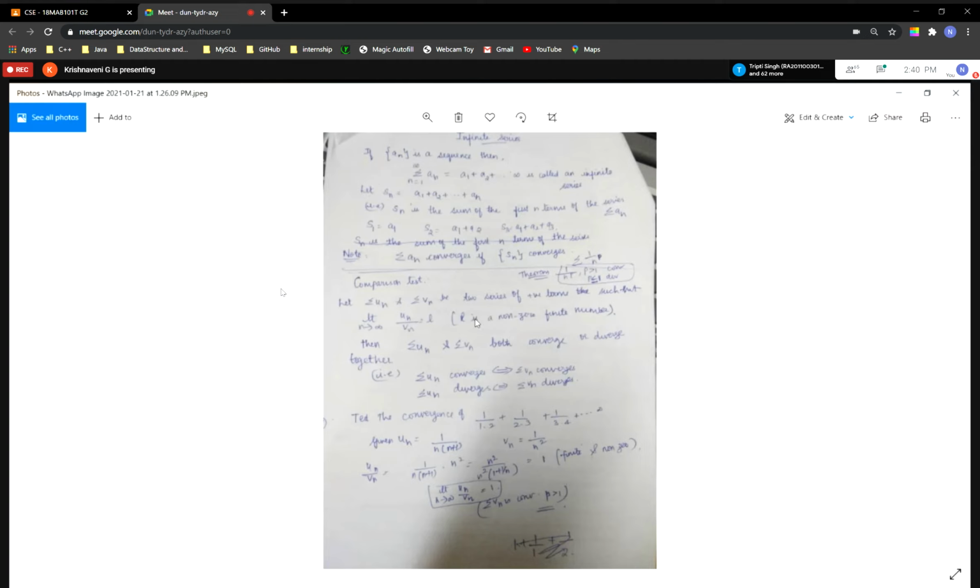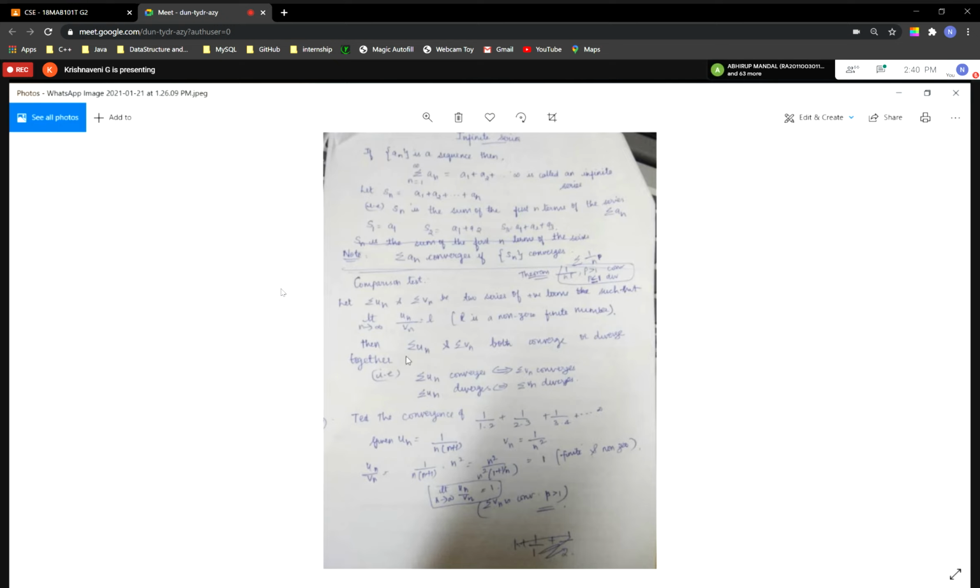This is the comparison test statement. Let summation un and summation vn be two series of positive terms such that the limit as n tends to infinity of un by vn equals L, where L is a non-zero finite number.